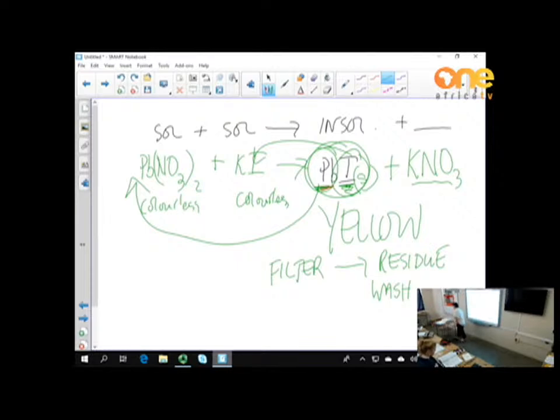Then they are added together, and you will get the precipitate together with the nitrate in the watery solution. You can filter off the insoluble salt, wash it and dry it. That, I think, is the end of today.